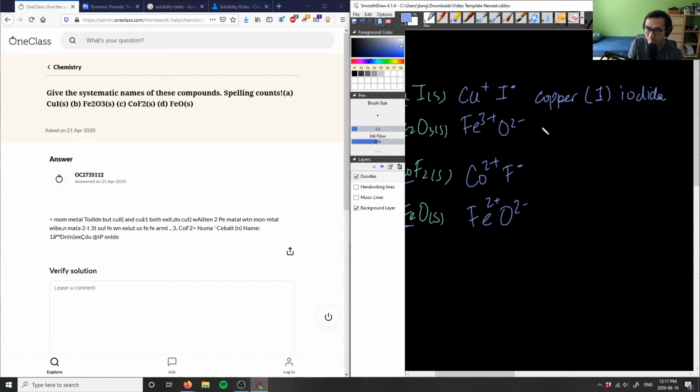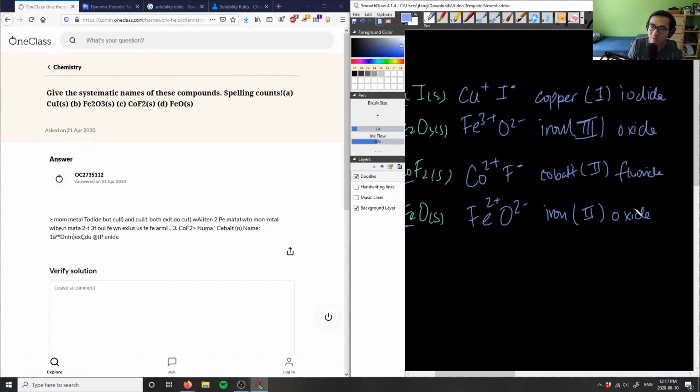This one would be Fe, which is iron, and then a 3 charge, 3 oxide. This one would be Co, which is cobalt, this would be 2, and then fluoride, and finally this one would be iron 2 oxide. So these are the systematic names for these compounds.